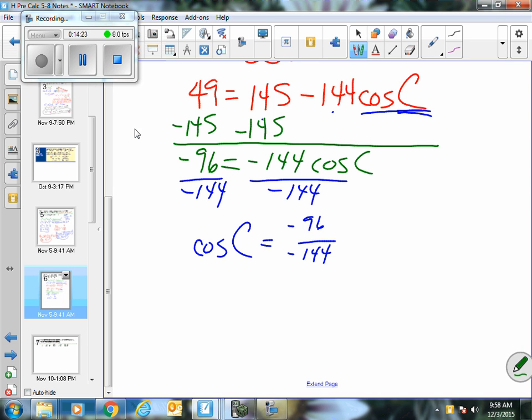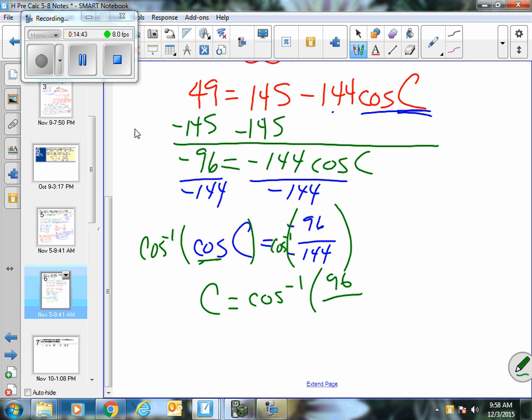Now, I'm not going to spend a whole lot of time simplifying that fraction because what I really need to do now is get rid of cosine, which means I need to do inverse cosine on each side. So who cares what the fraction is over there? Just type it in. Now they're both negative, so a negative divided by a negative is a positive. But I'm just going to go ahead and type it in like this.